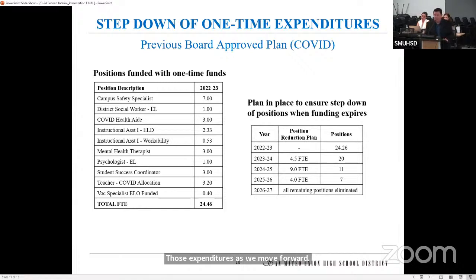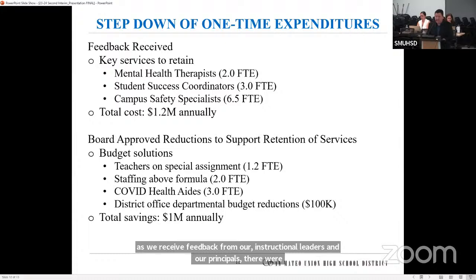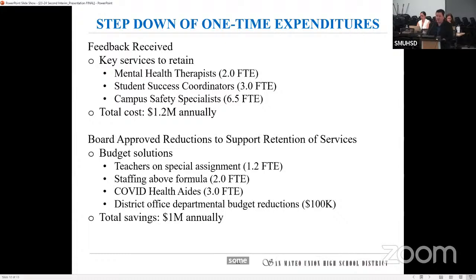Just a quick overview from first interim. The board previously had a step down plan of specifically the COVID related expenditures as noted here. But as we received feedback from our instructional leaders and our principals, there were some positions that they really believed were critical to retain.